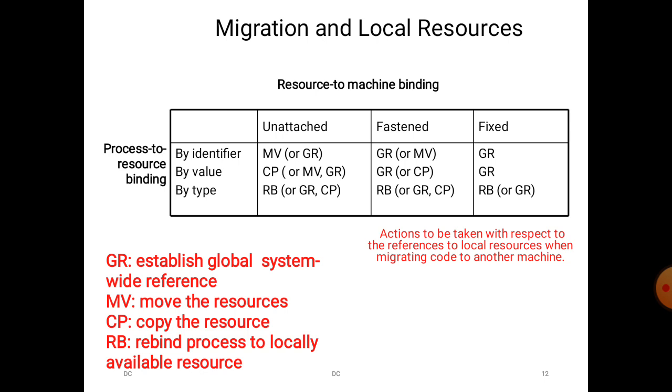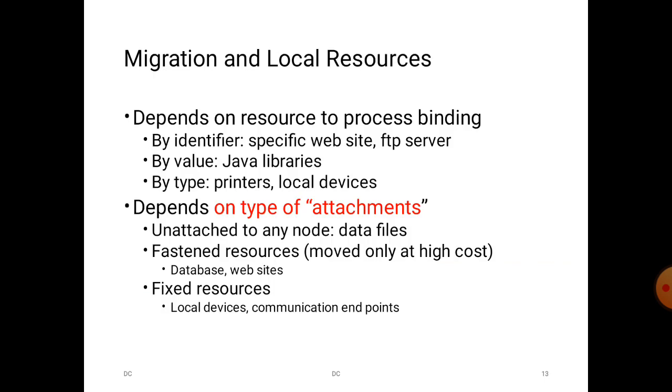So let us see the abbreviations. MV says it is movable from one place to another. By identifier, the identifier may be a specific website or FTP server. By value, it may be Java libraries.